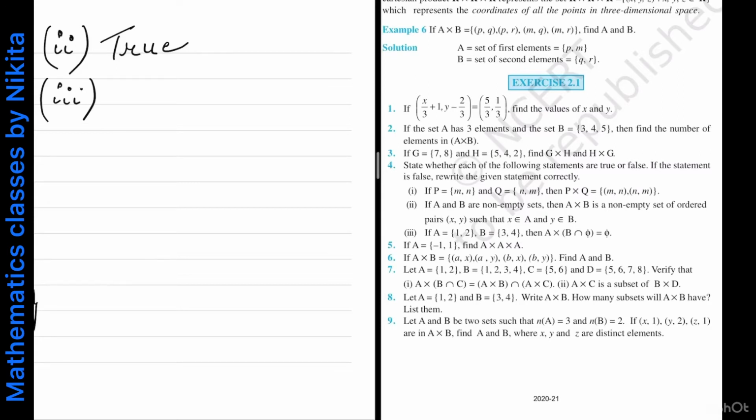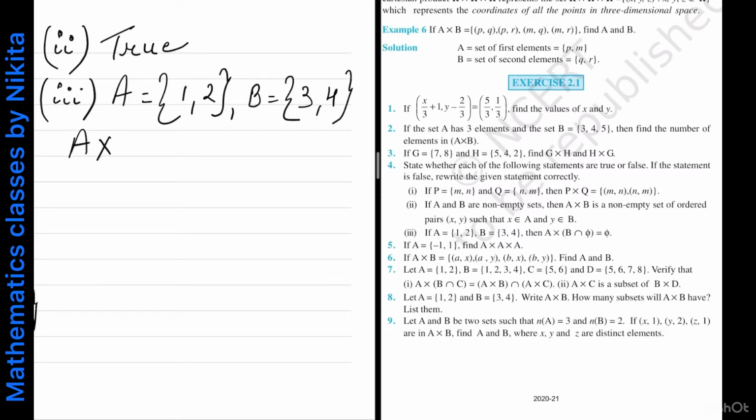What does the third part say? If A is equal to {1, 2}, B is equal to {3, 4}, then (A cross B) intersection phi is equal to phi. Now you have to see whether this is true or false. So what is given to you? A is given to be {1, 2}, B is given to be {3, 4}. Now let's see what is (A cross B) intersection phi.